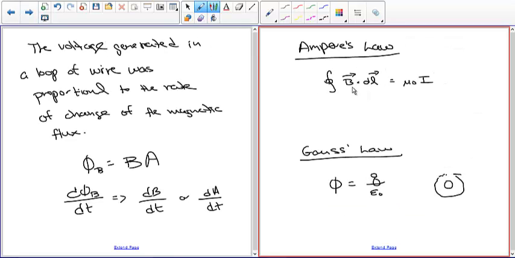So those are the laws. You have Gauss's law, Maxwell's version of Gauss's law for the magnetic field, Faraday's law, and Ampere's law. So you've got all those four things, and he did it mathematically.